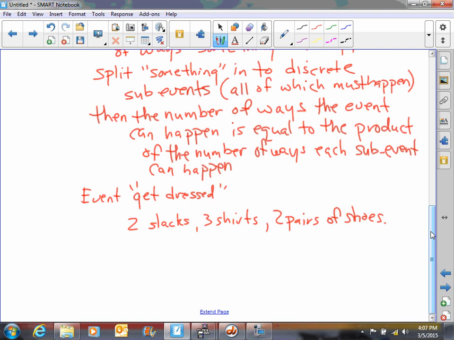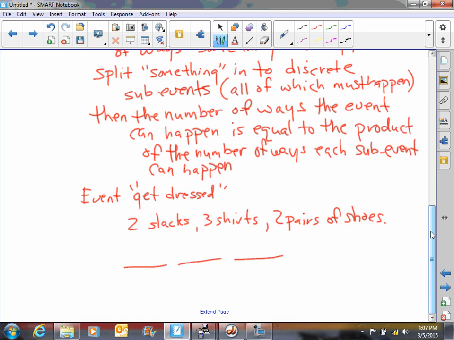The question is, how many ways can you get dressed? Well, now, we're going to use the fundamental counting principle. We're going to split the event, get dressed, up into put on slacks, put on shirt, put on shoes.